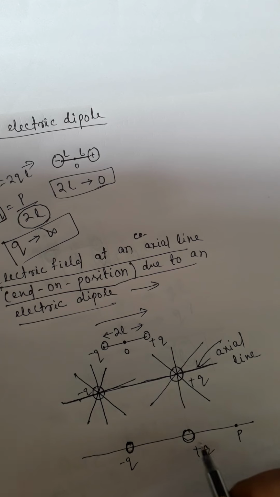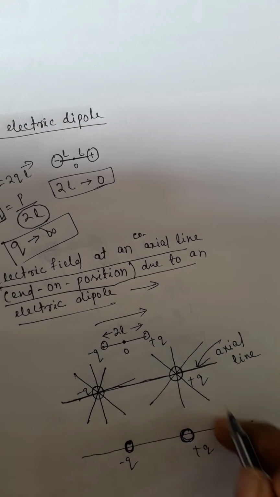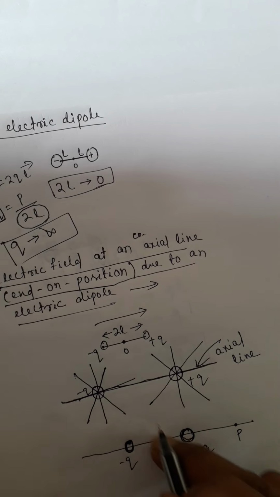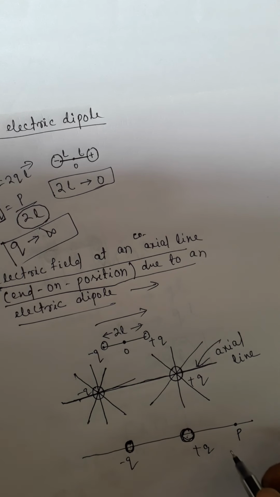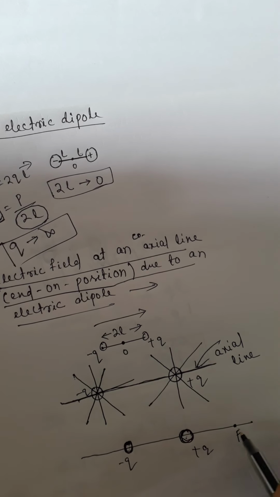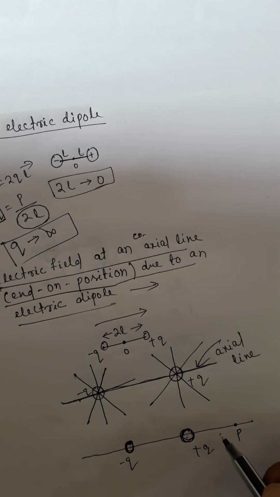We have to calculate the net electric field here due to the positive charge and the negative charge, because both will create an electric field, and both will exert a force on the test charge. So we have to calculate the net force or net electric field, and the condition is the test charge must be on the axial line, on this axis of the dipole.